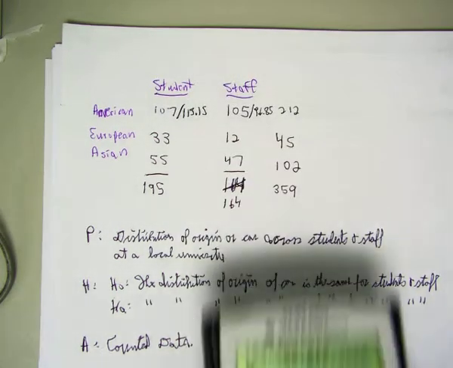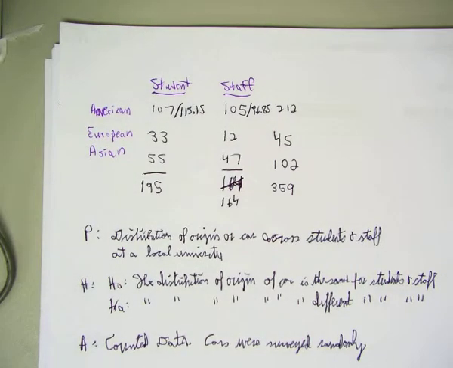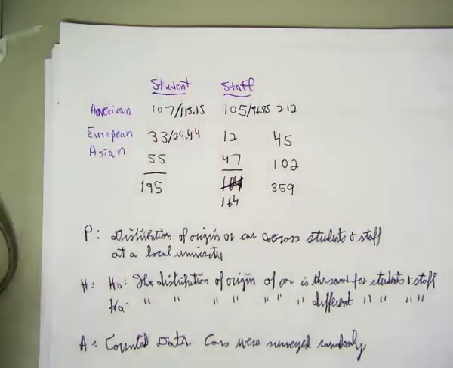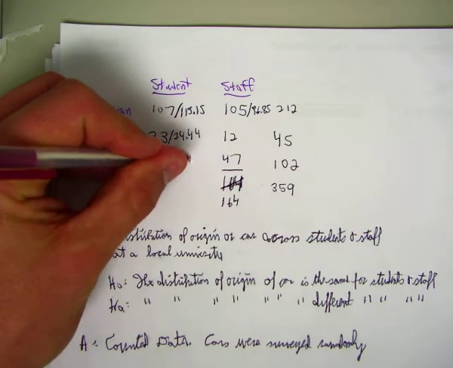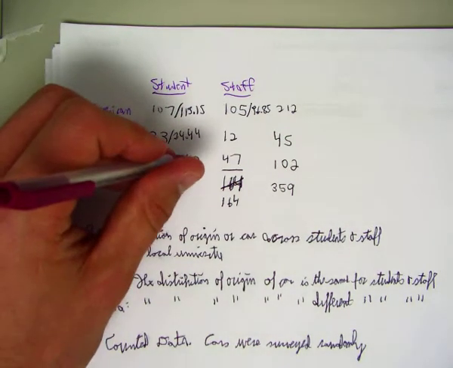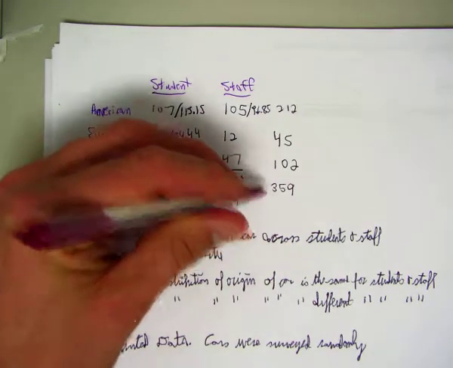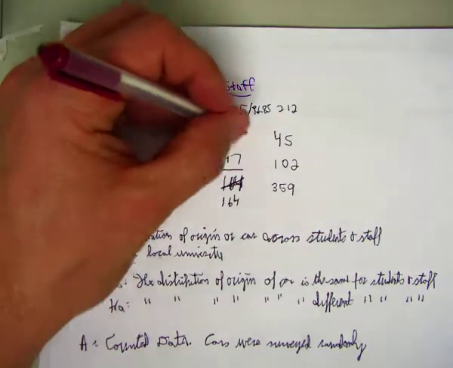So I'm not going to do them all, but for European, you should get 24.43 or 24.44 for students, and then for students for Asian you should get 55.40. And then for staff for European you would do 164 divided by 359 times 45, and you get 20.56.